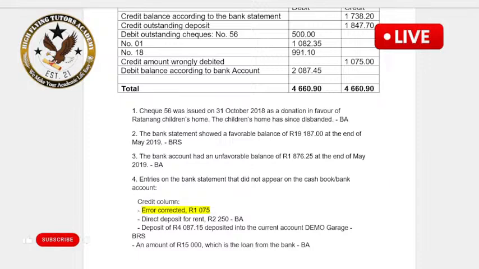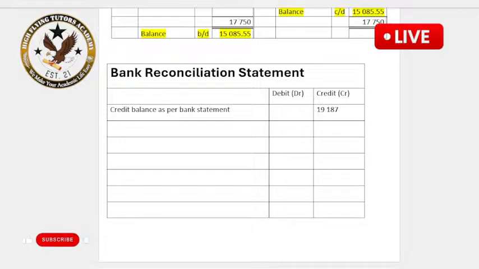So you go into the answer sheet to record that transaction and say debit amount wrongly credited.